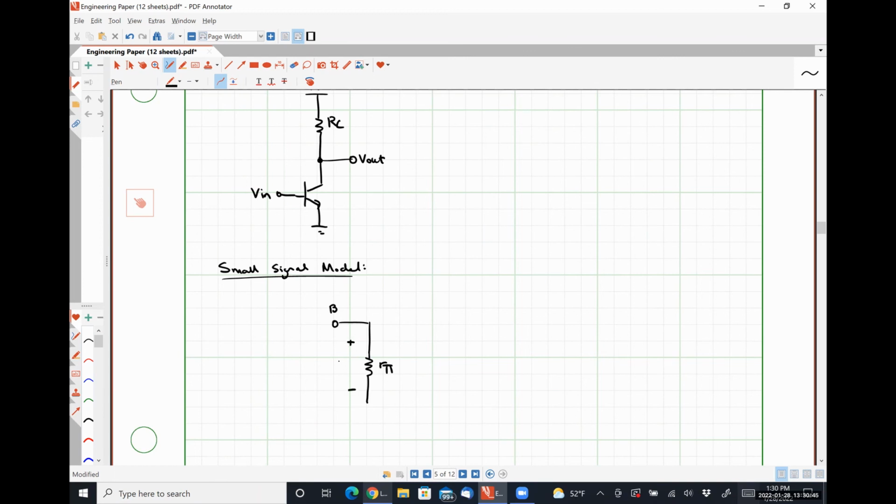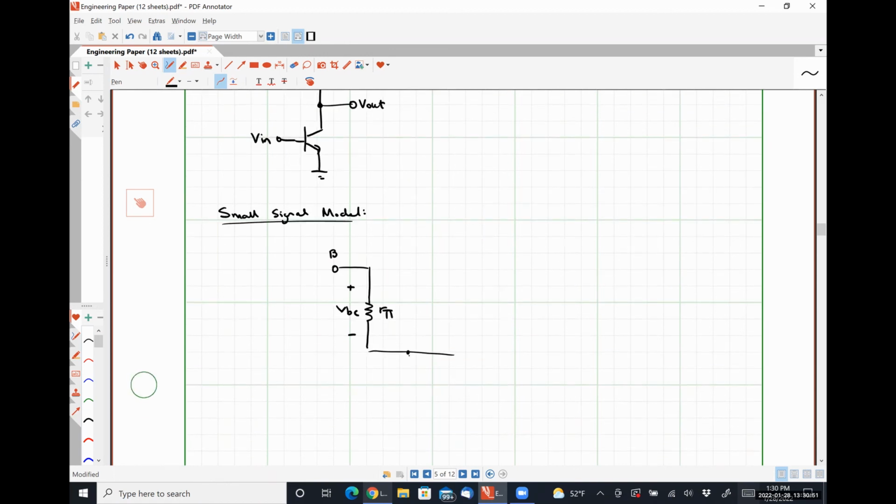Here is our small signal voltage VBE. Here's our emitter terminal. GM VBE. Here's our collector terminal. So that's my transistor to begin with.